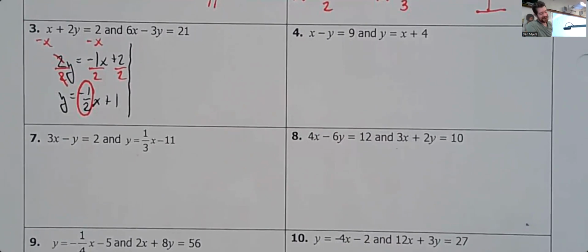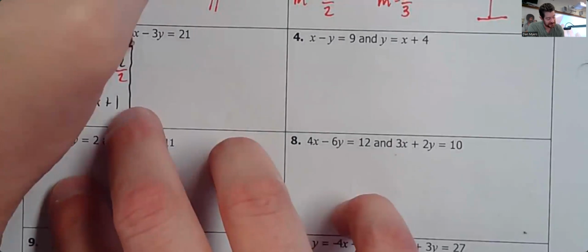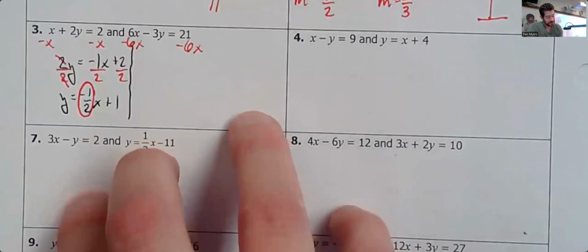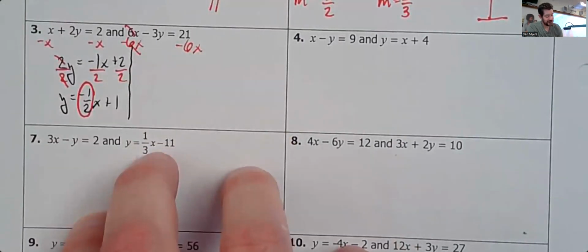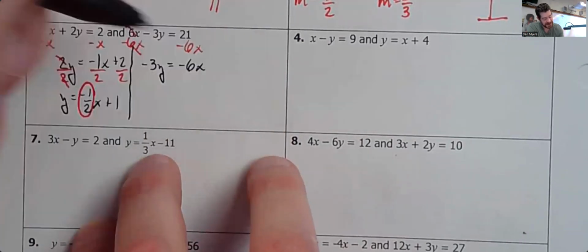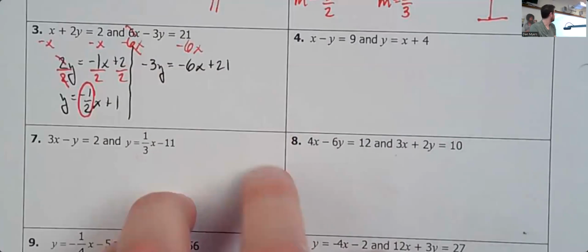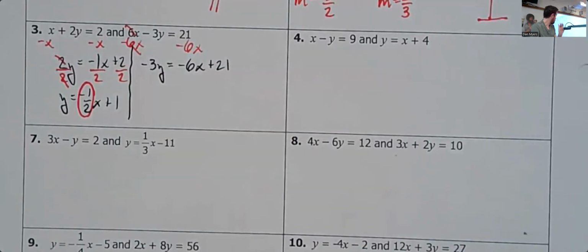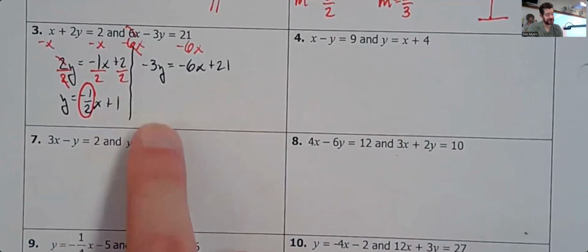Good? Yeah. Okay. For the second equation, we got to start by subtracting 6x from both sides. And then on the left, we're going to have negative 3y equals negative 6x plus 21. Once we move the x over, we're going to divide everything by the number with y, which is negative 3.